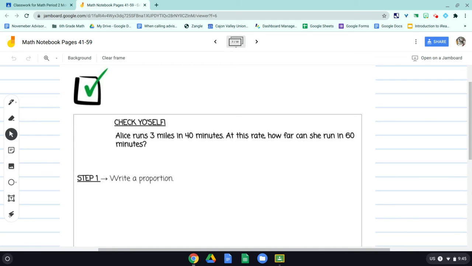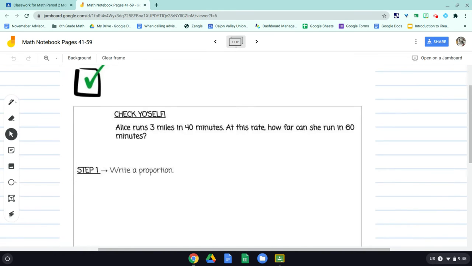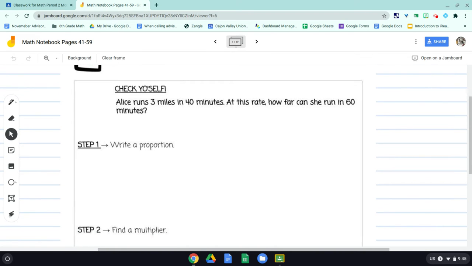The question says, Alice runs 3 miles in 40 minutes. At this rate, how far can she run in 60 minutes? So we need to write a proportion. And there are a couple ways you could write this proportion. Now, the way that I would normally do this if it was me, I would write it like this.